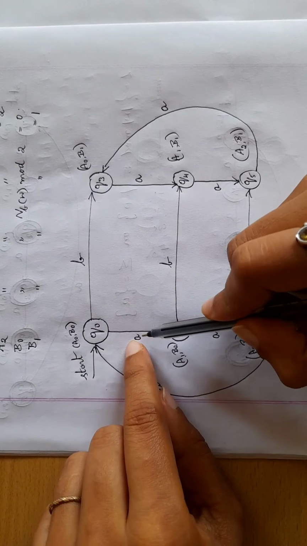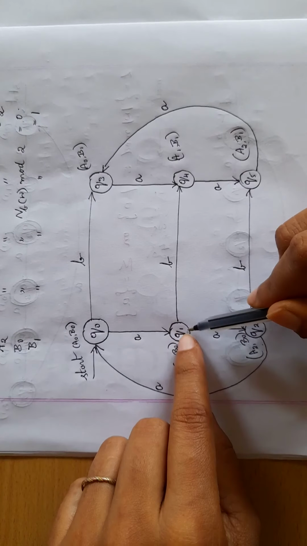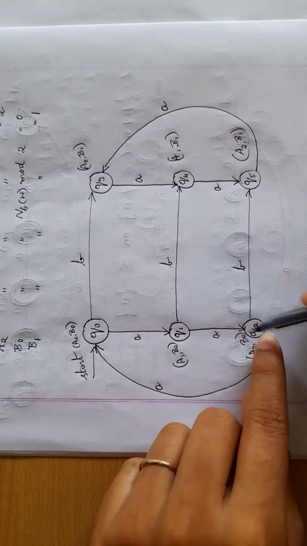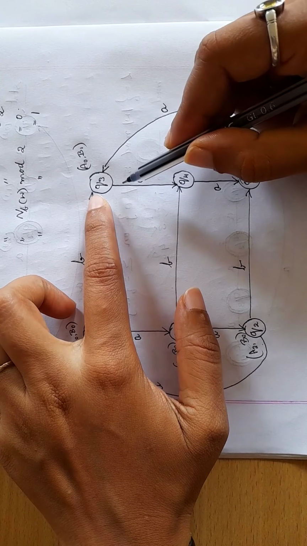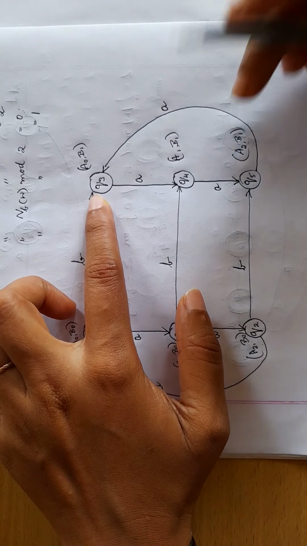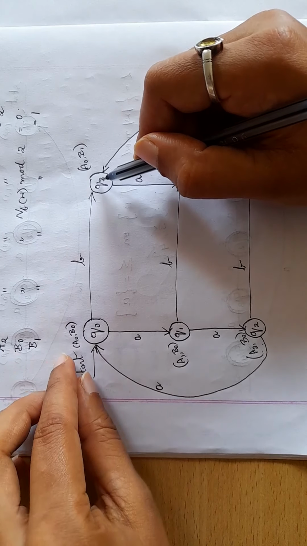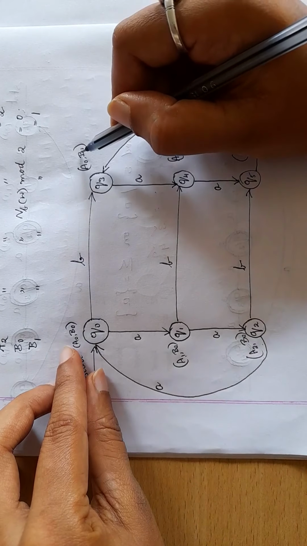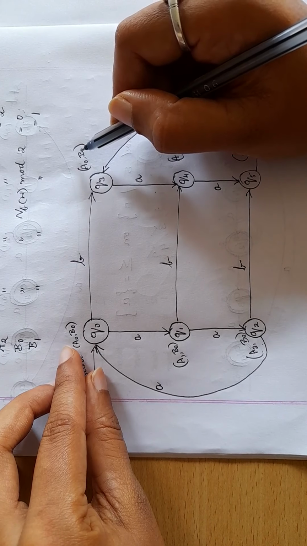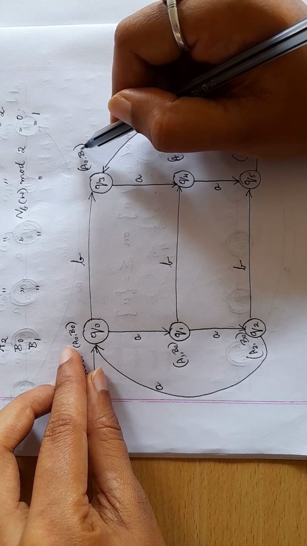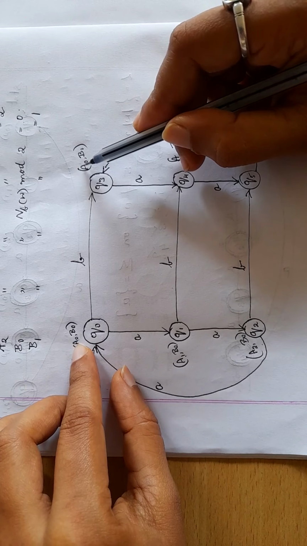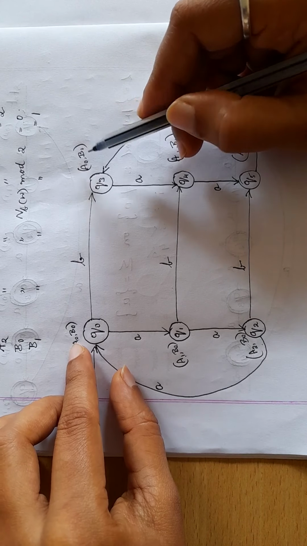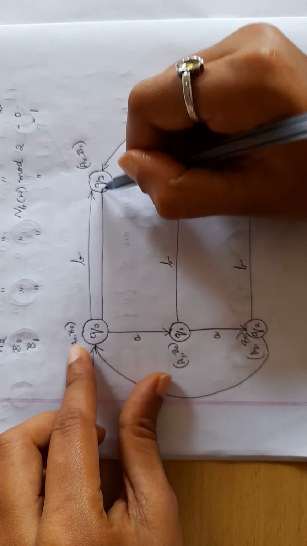So from Q0, A is done, B is done. From Q1, A is done, B is done. From Q2, A is done, B is done. From Q3, A is done, B is not done. So what about B? From Q3 it is B1, right? If I read a B, from B1 it goes to B0 again. So this A0 remains the same.